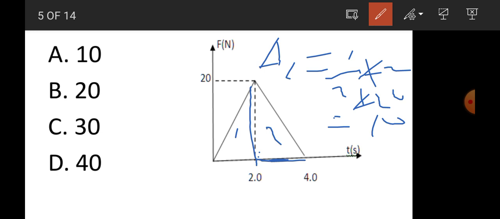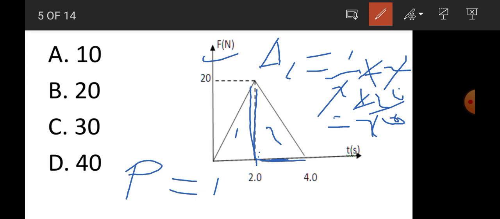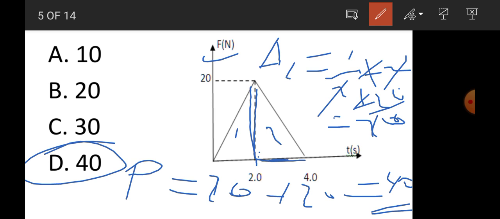Therefore, the sum of the two, which is equal to momentum, is 20. Since the height is 20, 1 over 2 times 2 times 20, the 2 is cancelled by 2 and we have 20. The first is the same, so area 1 plus area 2 is equal to momentum, 20 plus 20, which equals 40. Find the two areas, then the answer is D. The answer is D.